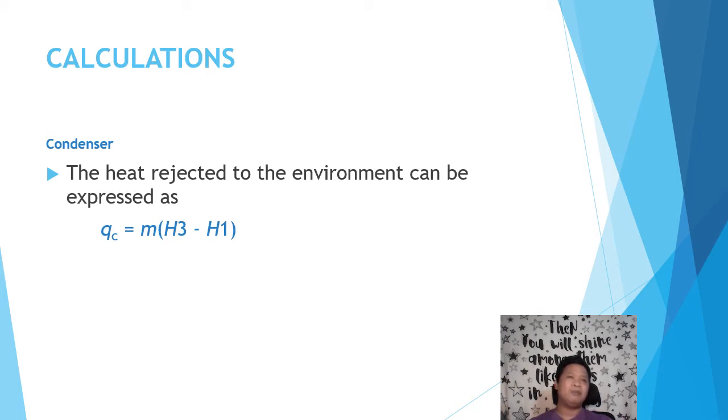So, ibig sabihin, kapag mas malapit yung condenser temperature sa ambient temperature ng surroundings, mas mabagal mag-transfer ng heat and therefore, mas mahirap palamigin yung refrigerant. And that is the reason why mas hirap na nga si compressor tapos mabagal pa lumamig yung food nyo pag summer versus pag let's say December or January.